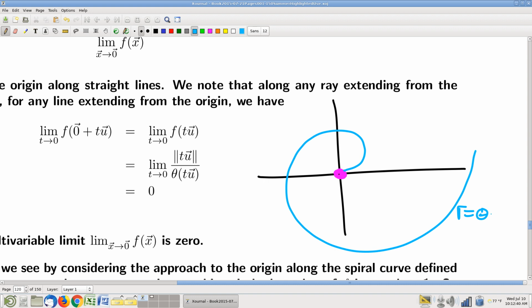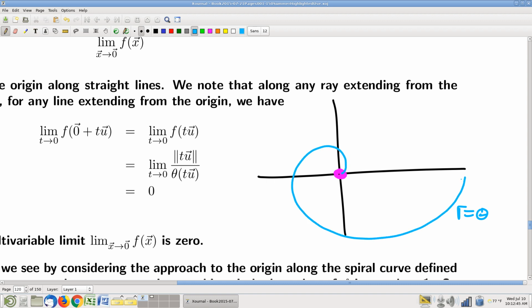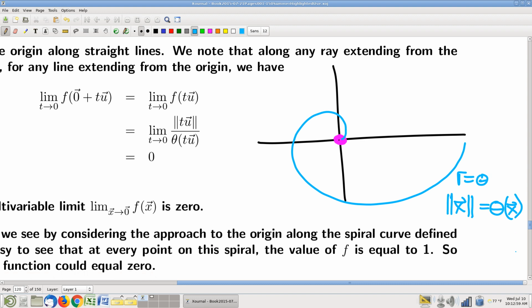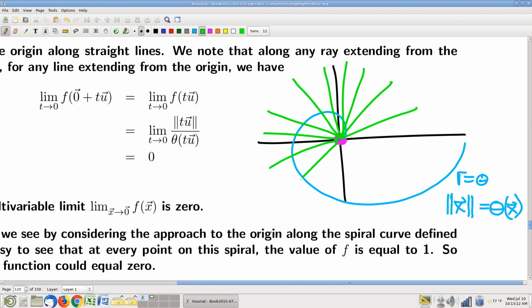In other words, the magnitude of x equals theta of x. As theta increases, we start off with small values of r, but increasing, and as theta increases, I get further and further away, and it spirals out away from the origin. So that's what this curve looks like.